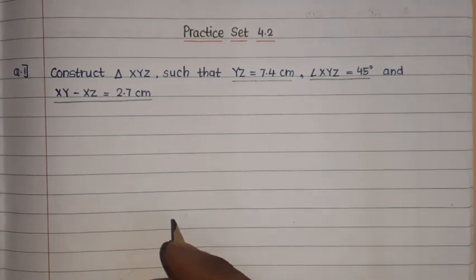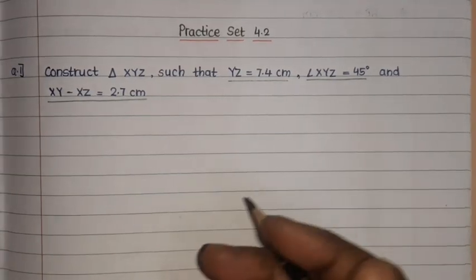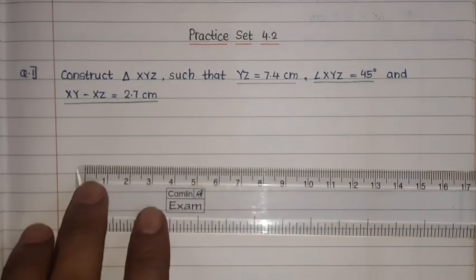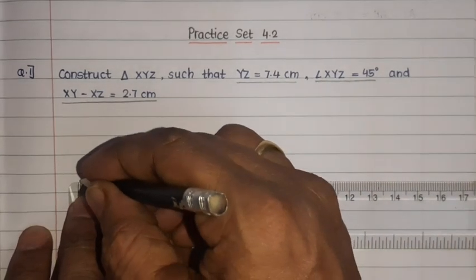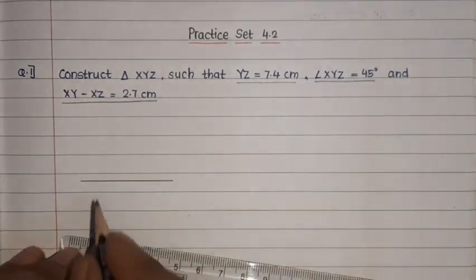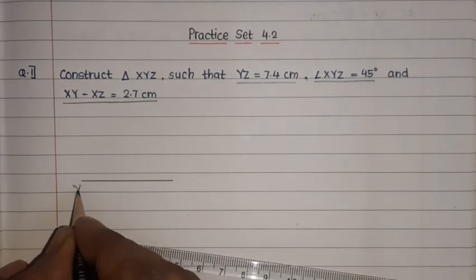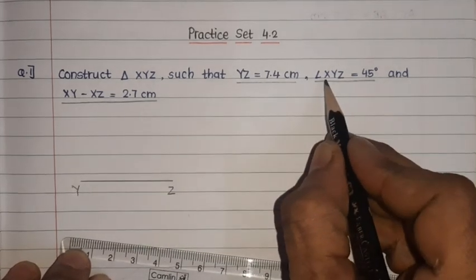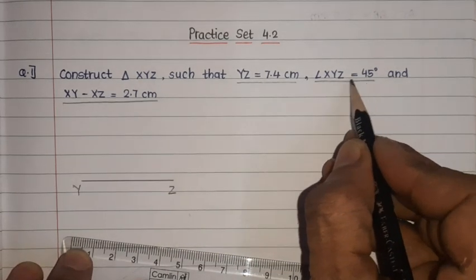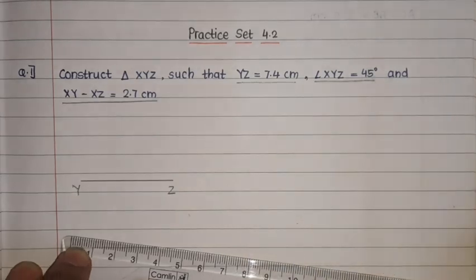See, first of all we have to draw the rough figure. In this case YZ is given, it is 7.4 centimeter, therefore we write here YZ. Base is YZ. Then dear student, angle XYZ is 45 degrees, that means angle Y is 45 degrees.